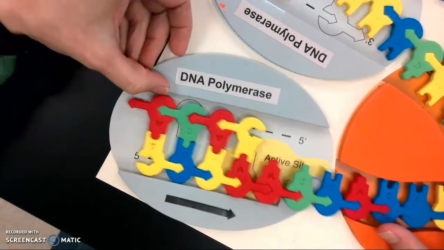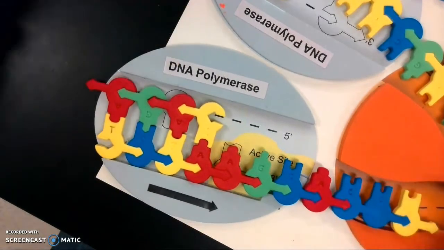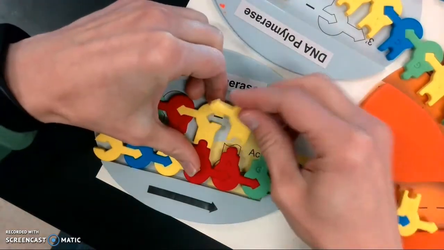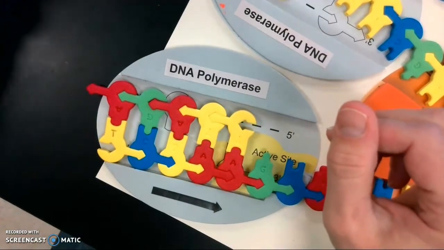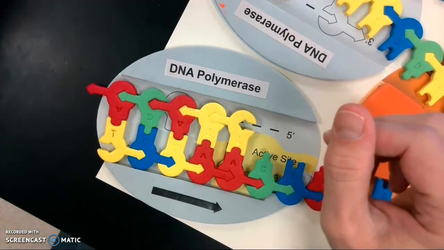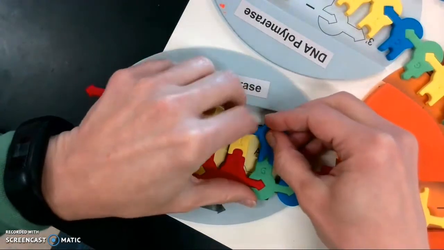So as this comes through, it's going to go through this enzyme. This enzyme is going to keep making the complementary strand. Just as fast as it comes through, this one is going to keep binding.